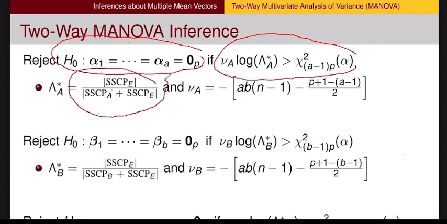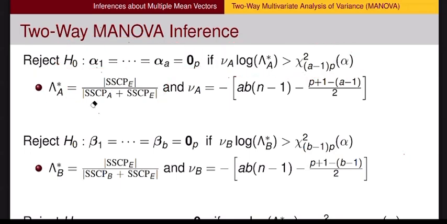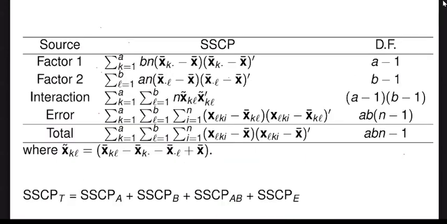And don't forget, the SSPE, where is the SSPE coming from? And where is the SSPA coming from? If you go back to the ANOVA table, the SSPE, if you take a look at this, it is what you get here.